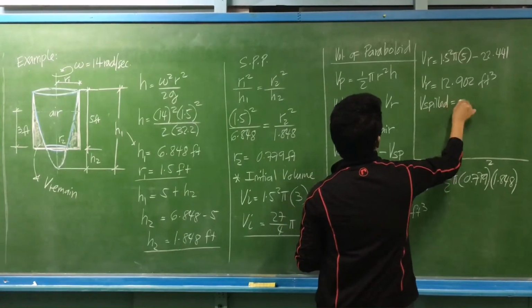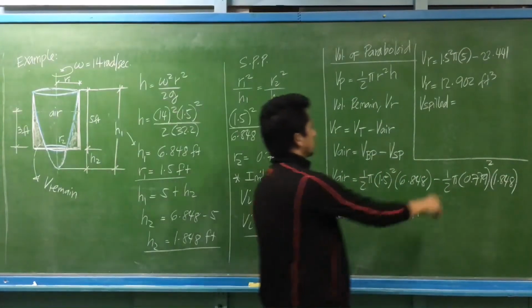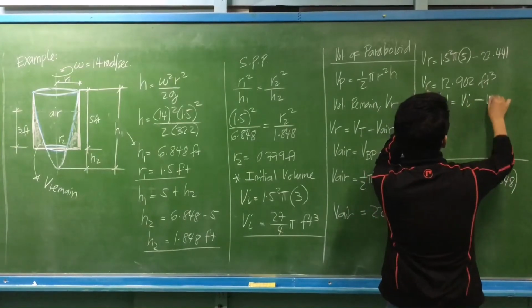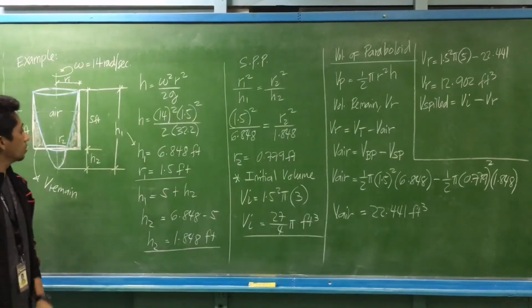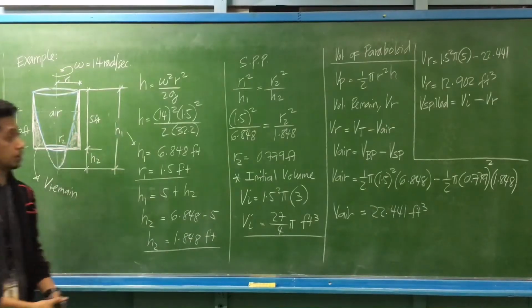Volume spilled is equal to volume initial minus volume remain. The water that spilled is the initial water minus what remains.